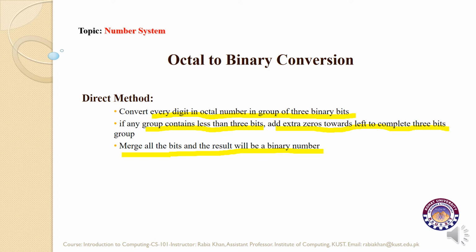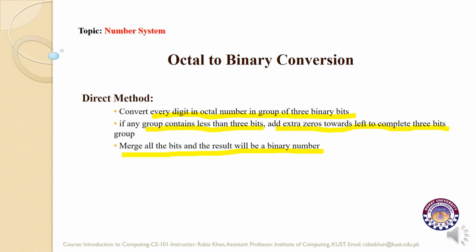How can you do it? First, convert every digit in the given octal number into a group of 3 bits. If any group contains fewer bits, add the respective number of zeros towards the left side of the group to complete the 3-bit group. At the end, all the bits are combined together and the result is a binary number.